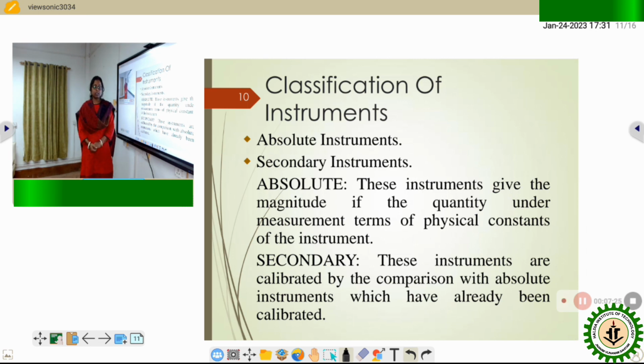So in our day-to-day work environment, we generally work with secondary instruments.